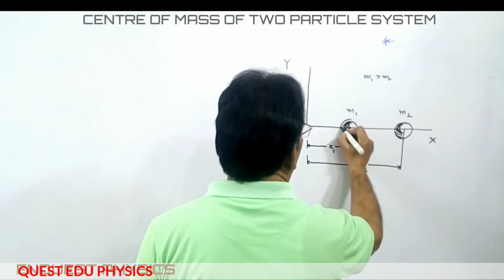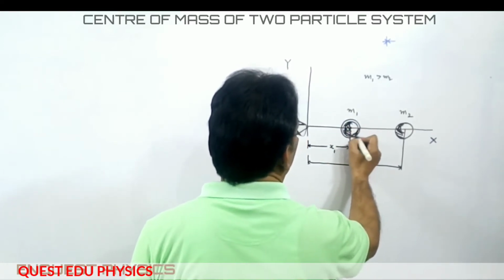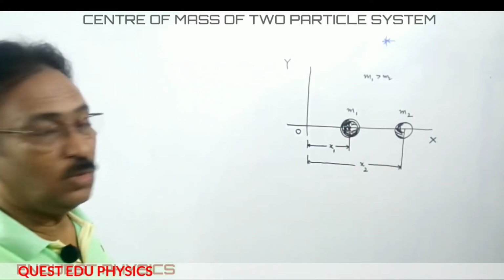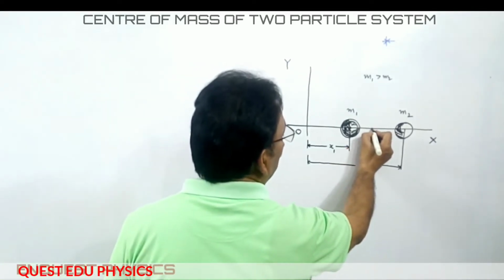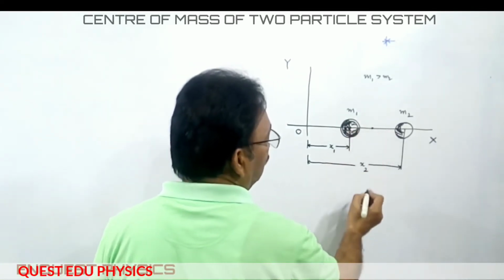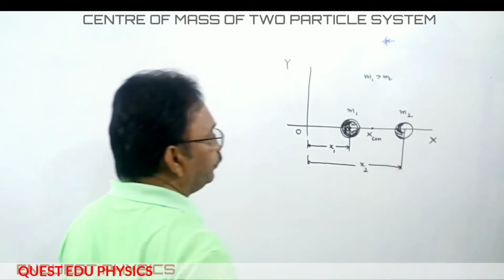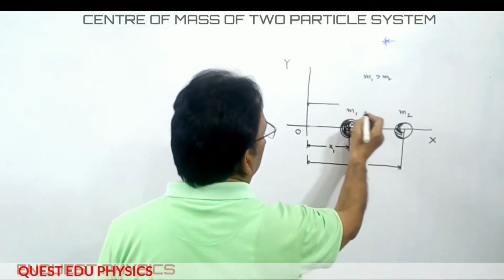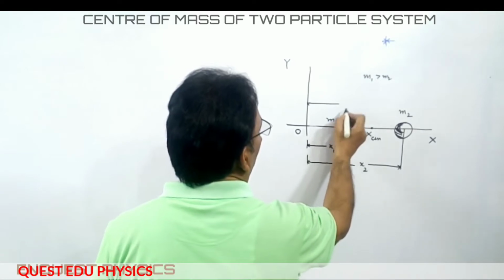Just imagine its size is much bigger than the second body. Then obviously the center of mass shifts towards the heavier one, I said. Let's say it is XCM and its location is this. We call it XCM.